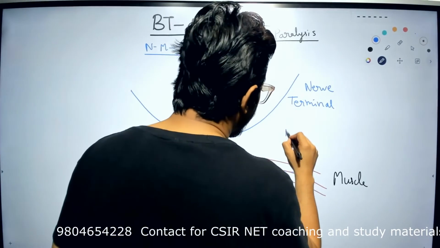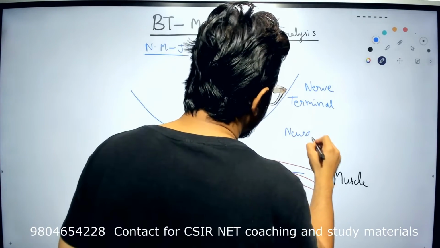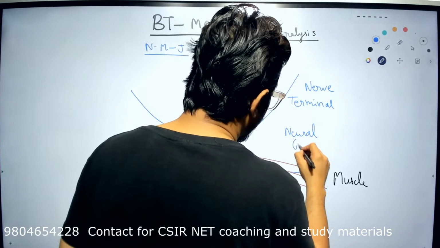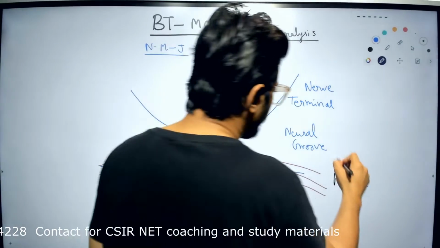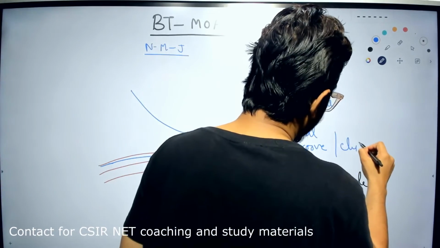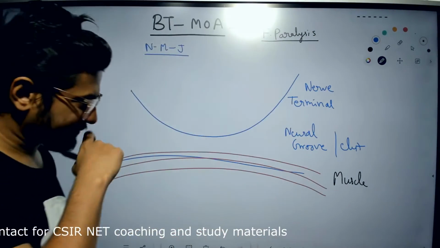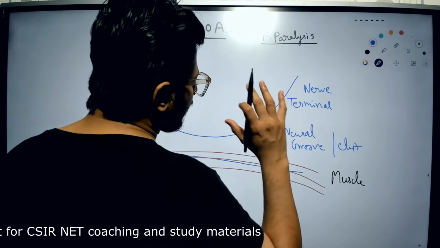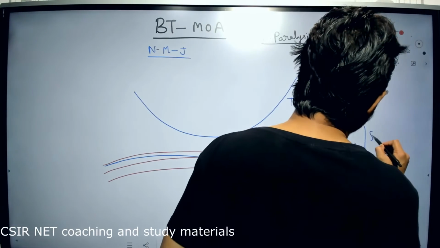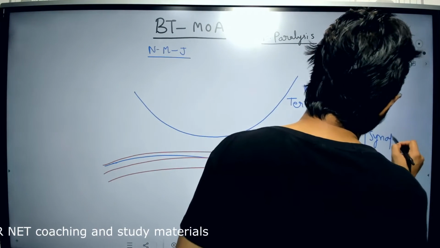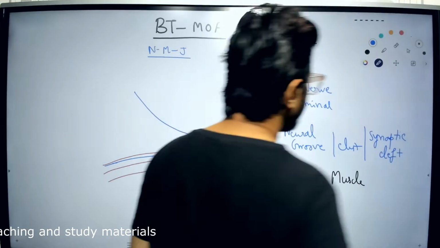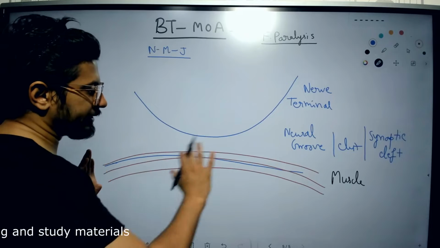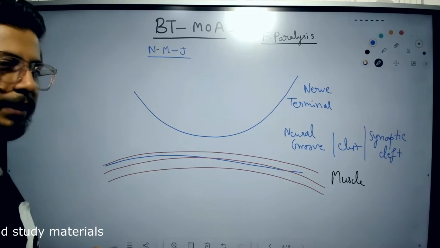This is known as the neural groove. We can say neural groove or neural cleft, you can say either of these. Better way, call it the synaptic cleft, because this is where the end of the nerve interacts with the muscle, with a little gap between the two.